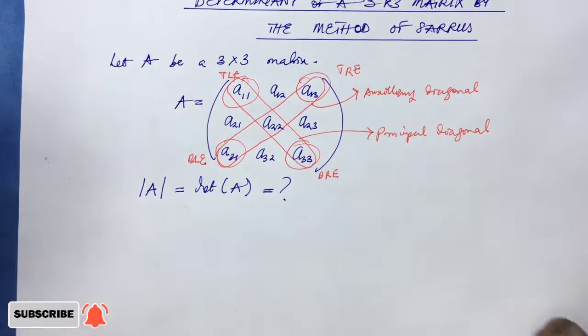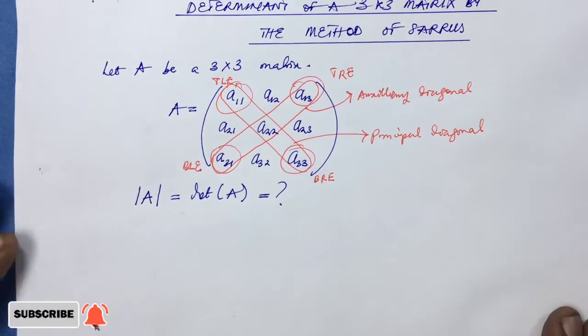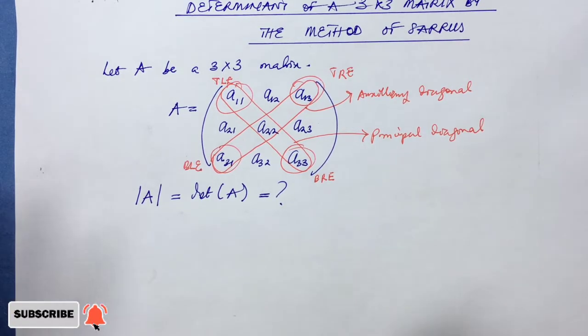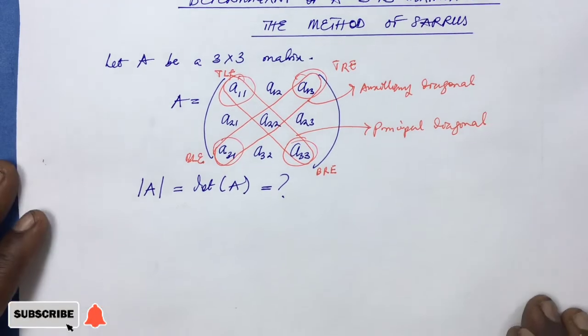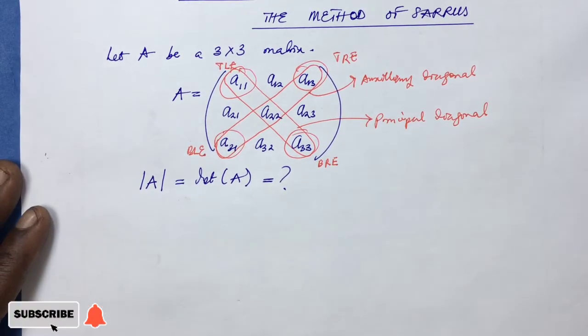Now, please hold on to that idea. We shall be using it for obtaining the determinant of a 3x3 matrix using the method of Sarrus. So, what is Sarrus's method all about?